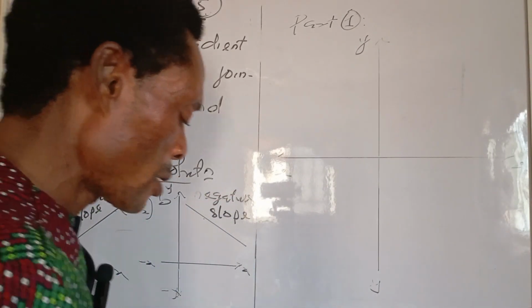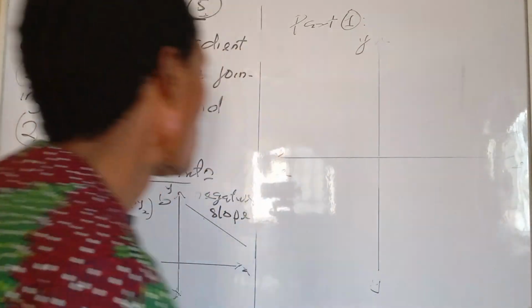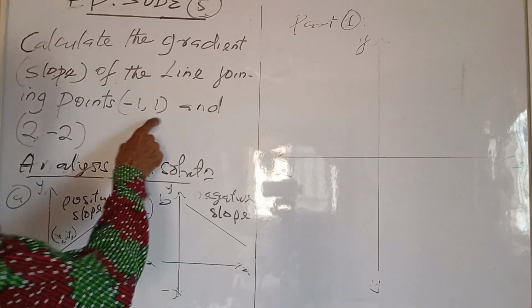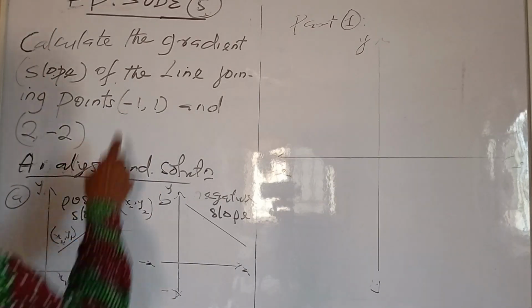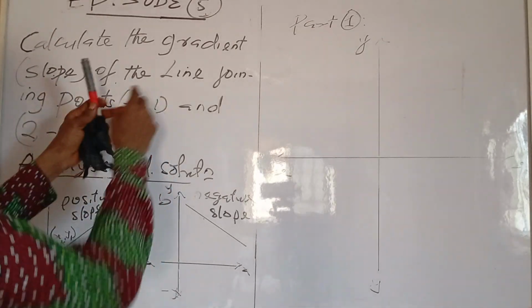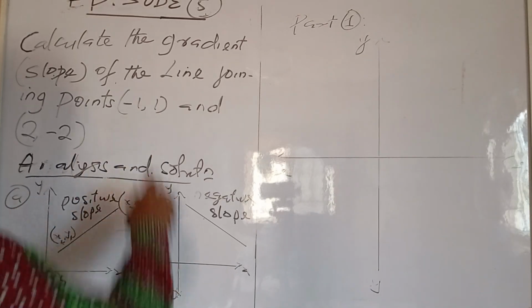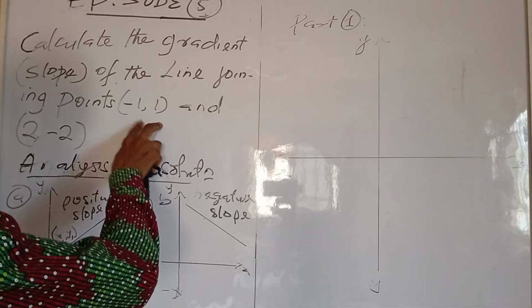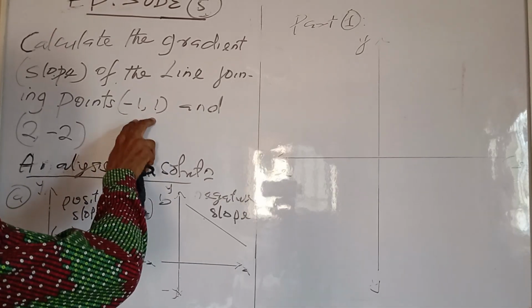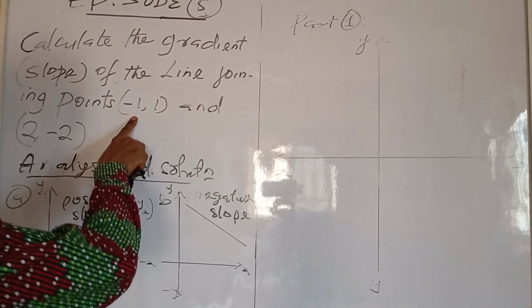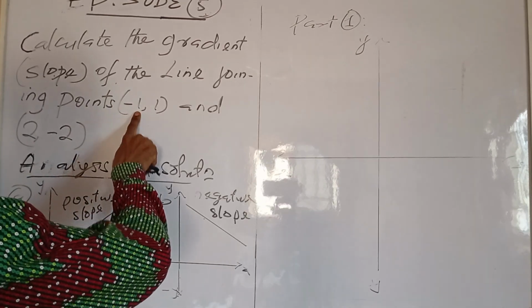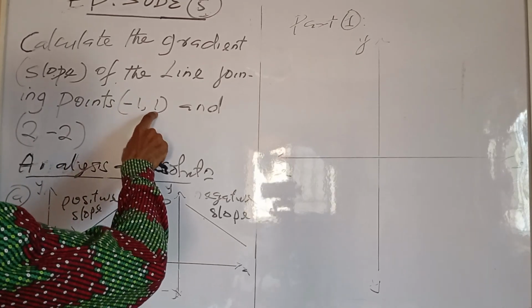From the question, you can see two points. These are what we call coordinates or ordered pairs. The first value always represents x, while the second is for y.